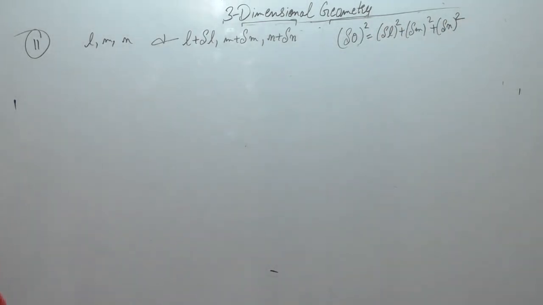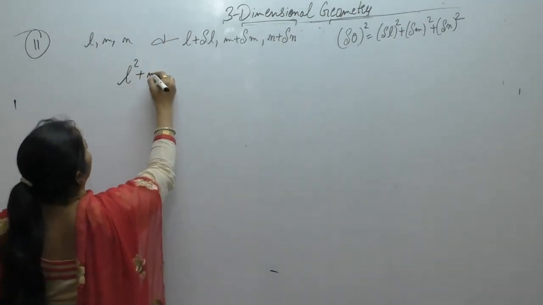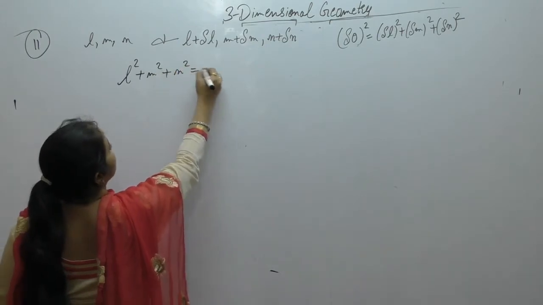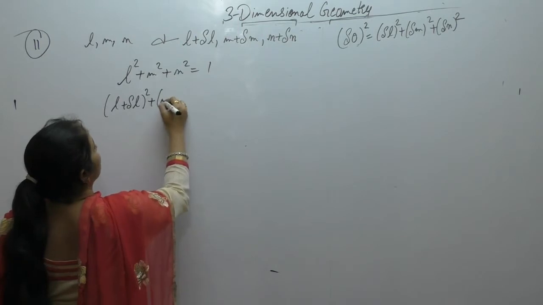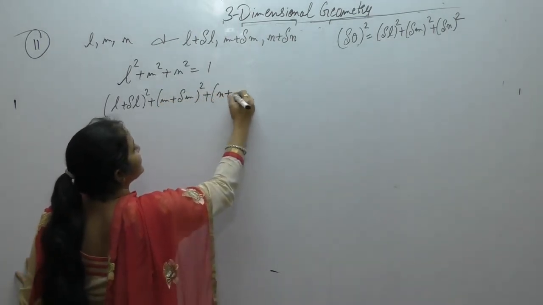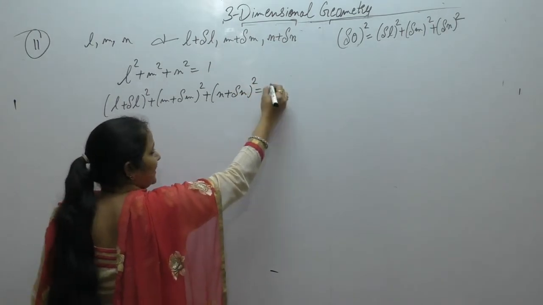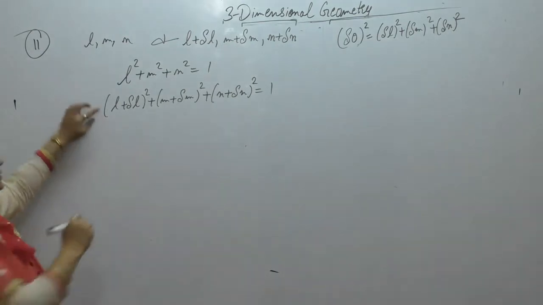Now since l, m, n are direction cosines, we know that l square plus m square plus n square is equal to 1. So (l plus delta l) whole square, (m plus delta m) and (n plus delta n) whole square, that is equal to 1. Now open the brackets.